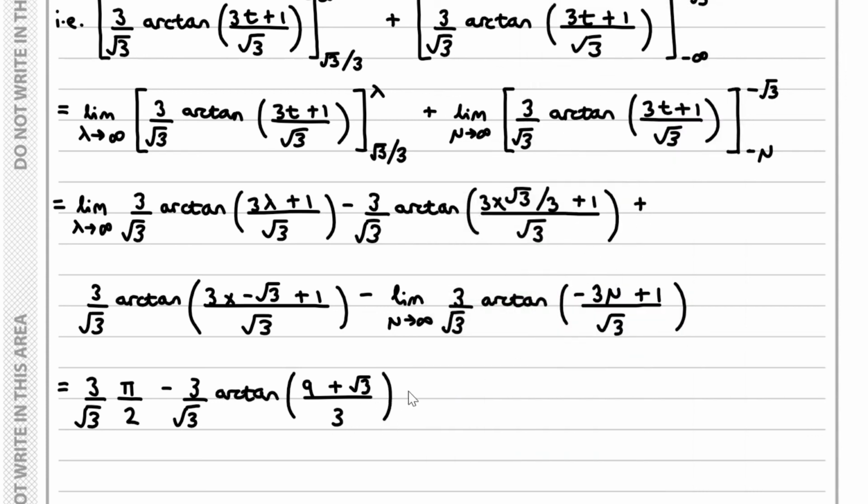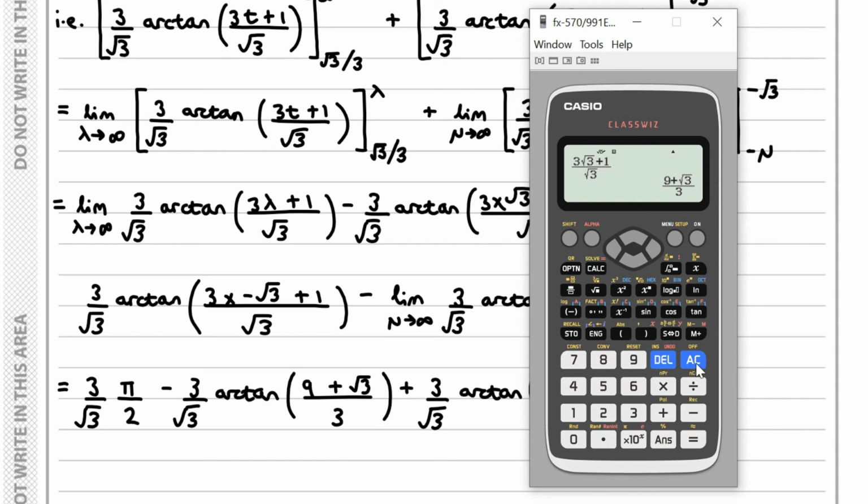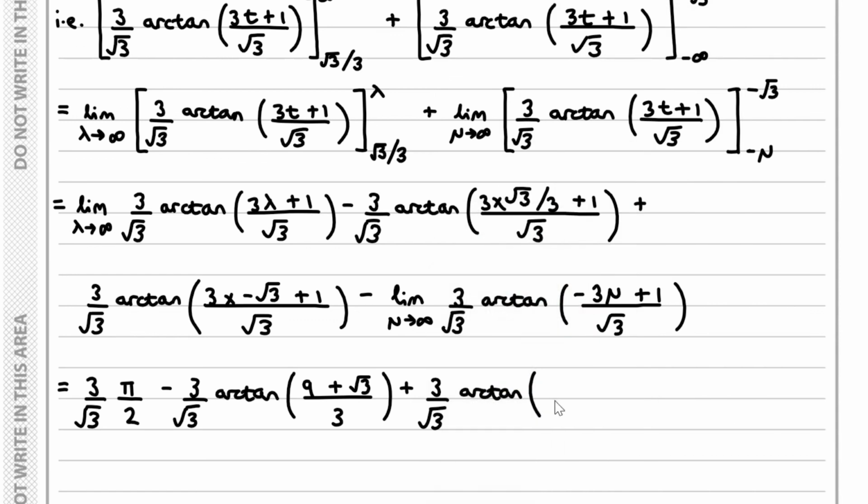And then we add on 3 over root 3 lots of the arctangent of, well, here, if we work that out on the top, we've got minus 3 root 3 plus 1 over root 3, which is minus 9 plus root 3 over 3, which I'm going to rewrite as root 3 minus 9 over 3.